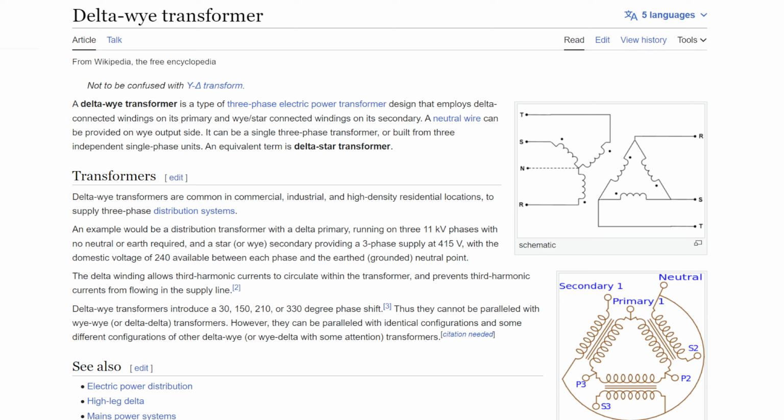However, they can be paralleled with identical configurations and some different configurations of other delta Y or Y delta transformers with some attention. Okay, they're saying that you can parallel identical configurations. So you could have a delta Y paralleled with another delta Y, and then also some other configurations, so probably special configurations of different delta Y or even Y delta, it says with some attention.